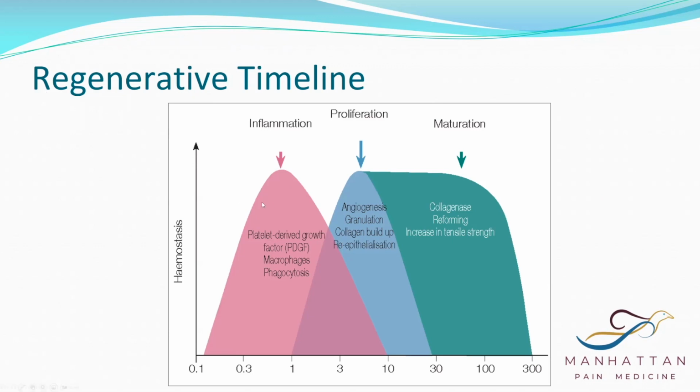And then what we have is the remodeling phase. Some people call it the maturation phase, where the tissues such as collagen are remodeled and what's called cross-linked, and that increases the strength of that tissue.